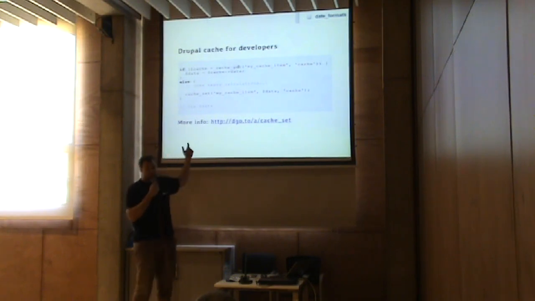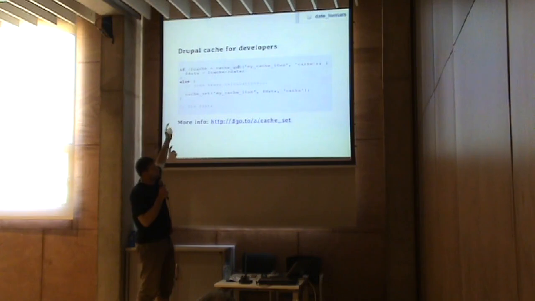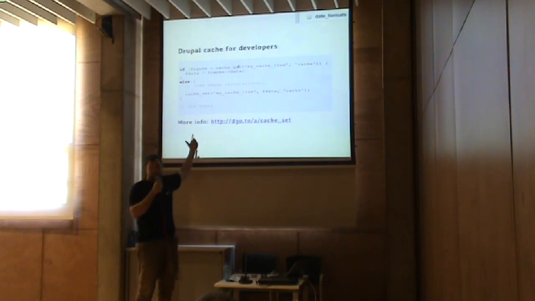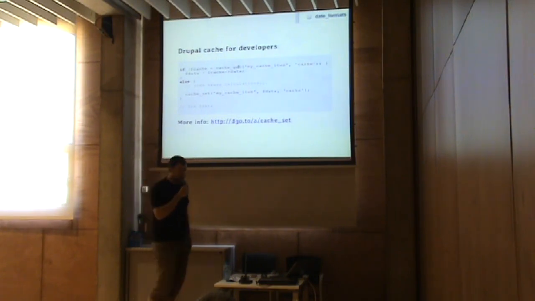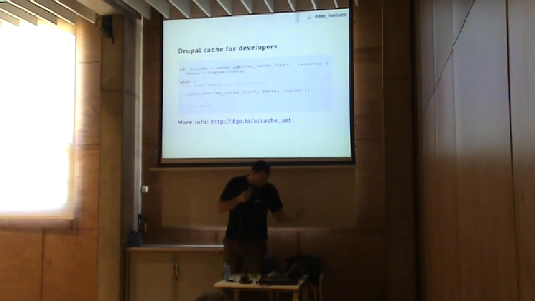And at the end, when you have your data prepared for usage, you first set it into cache, and the next time you come into this piece of code, you will get it from cache, and you saved all the time you spent building or calculating it. It's relatively simple, and it's just this, nothing else.